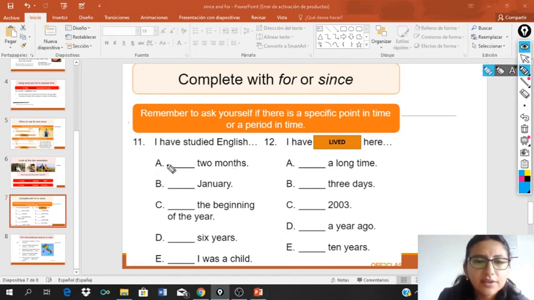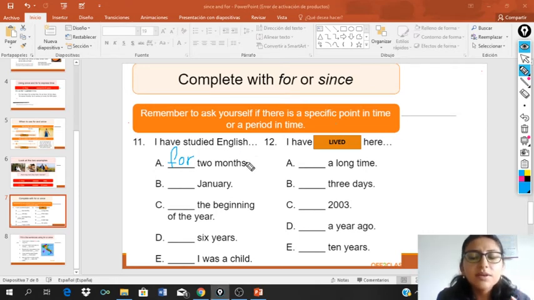Which one do you think? For or since? Very good. For 2 months, because we have been studying English for 2 months. Okay? This is a period of time. We are not talking about a specific month.